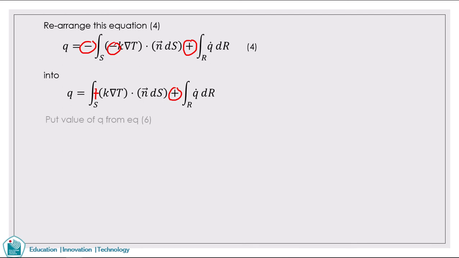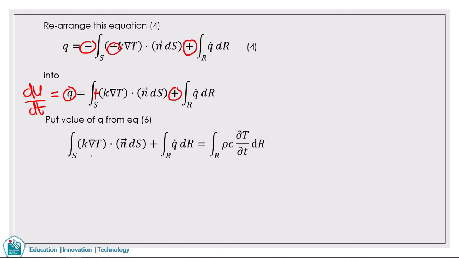And then we put the Q value from equation 6, so it means we put Q equal to dU over dt. And finally, we have this equation. Okay, this is exactly the same.